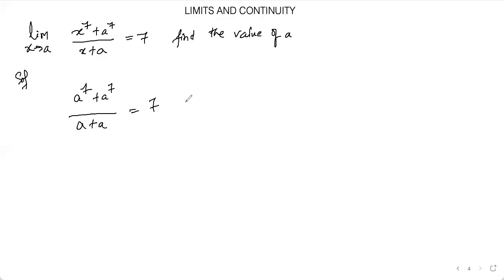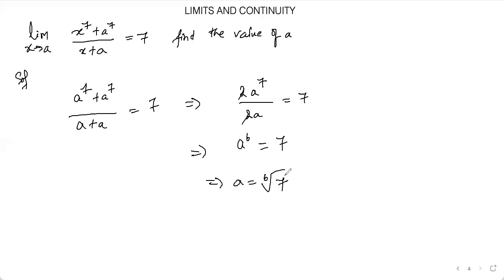Okay, so this leads to 2a power 7 by 2a. Again, further you simplify it. So after simplification, a power 6 is 7, or we can write a as 6 root 7. So this is the value of a.